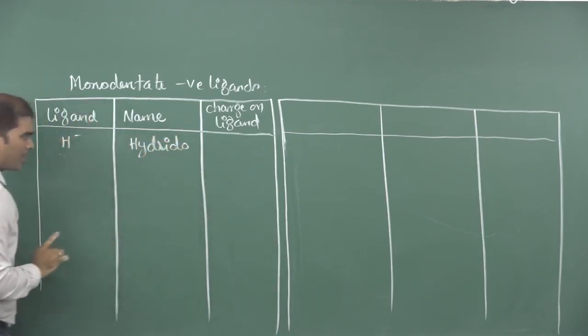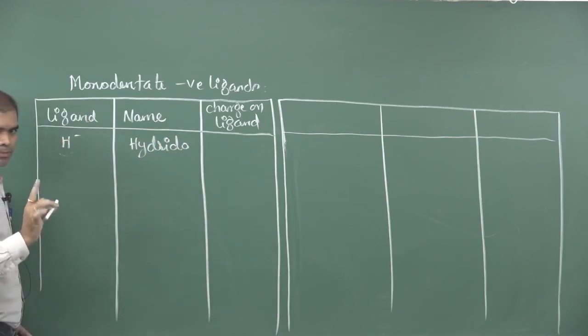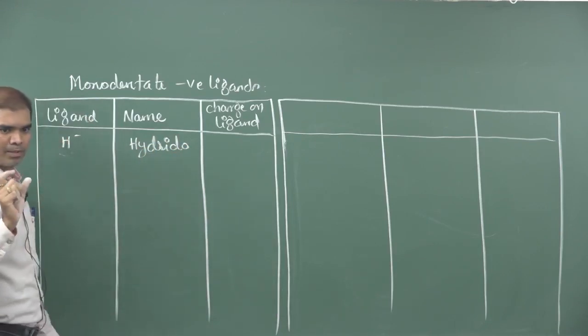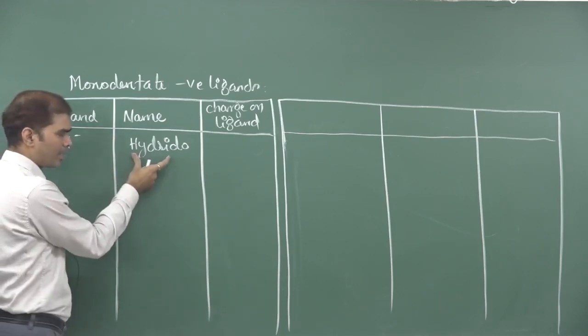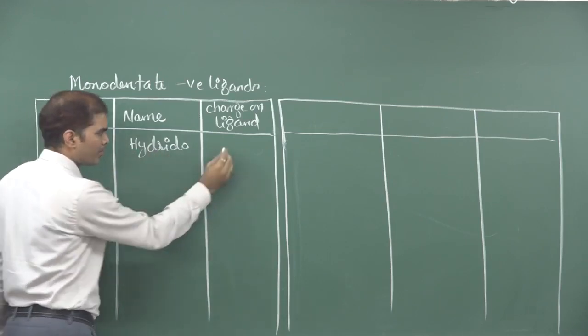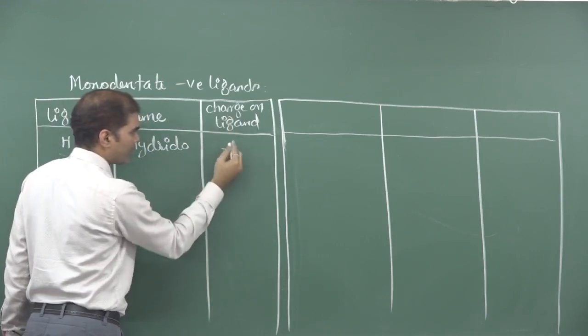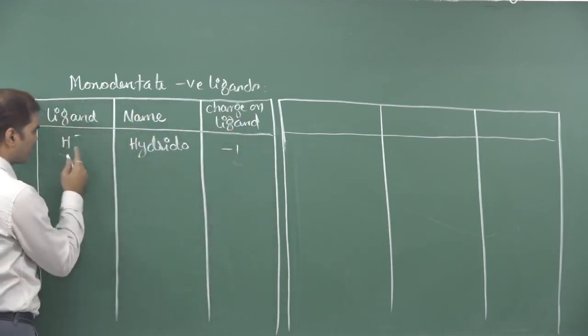Either I may write it as hydride or hydrido. Both are accepted. Hydride as a normal ligand, hydrido as IUPAC ligand. So simply I can write it as hydride or hydrido, no problem. Charge on the ligand, there is -1 charge.